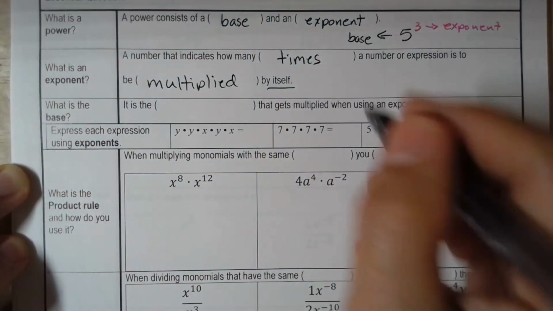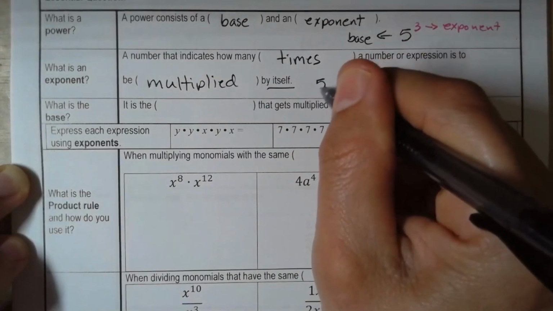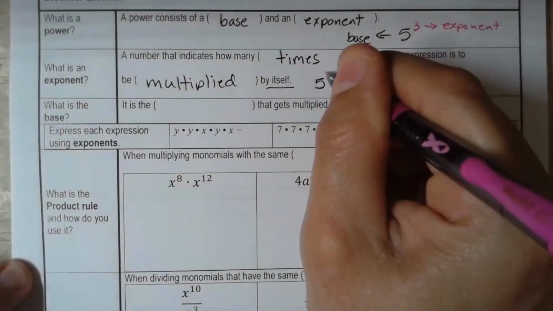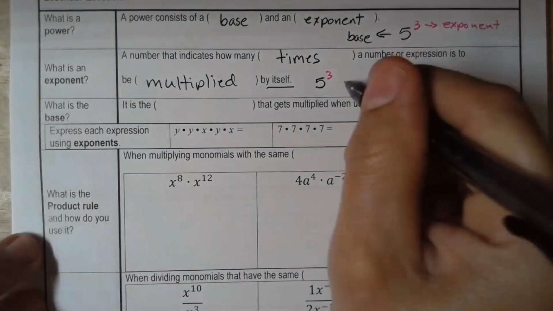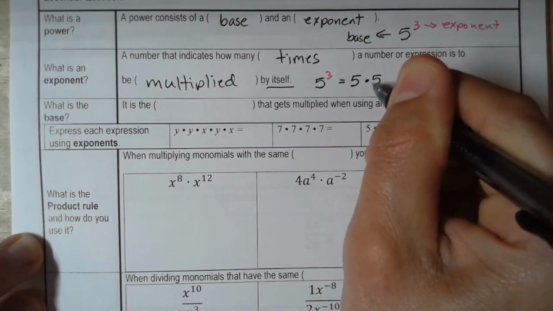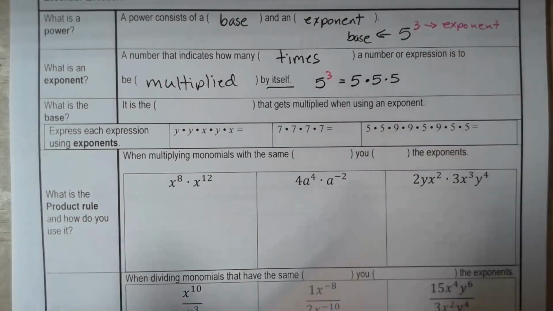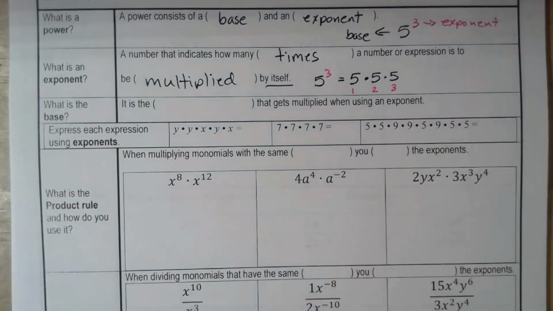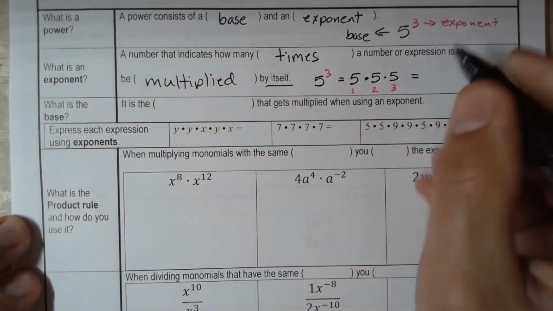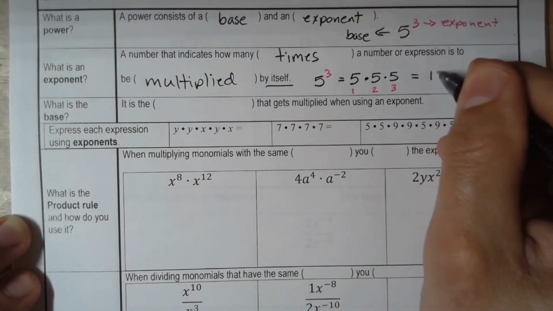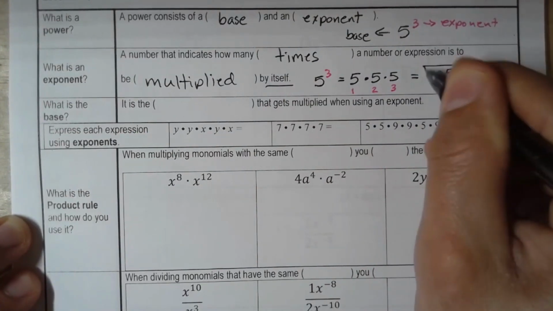So for instance, in the example that we had above, we had a base of 5 and an exponent of 3, and what that really means is that the base is being multiplied by itself 3 times. That's how we have the 3 on top, right? We have 1, 2, and 3, and that's equal to 5 times 5 is 25, and times another 5 is 125.